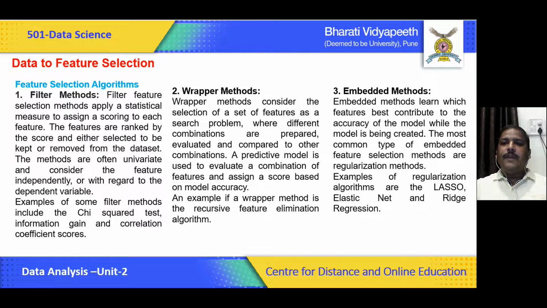Now in embedded methods we have to see the accuracy. Because we have created a model, for example a framework, that model can be used to see the accuracy of your features.